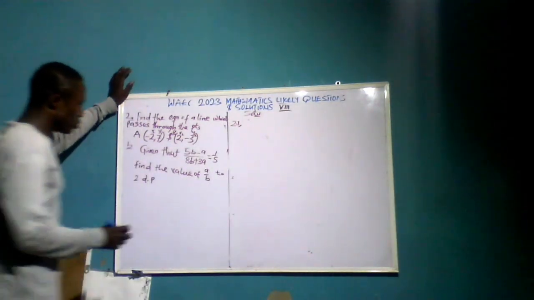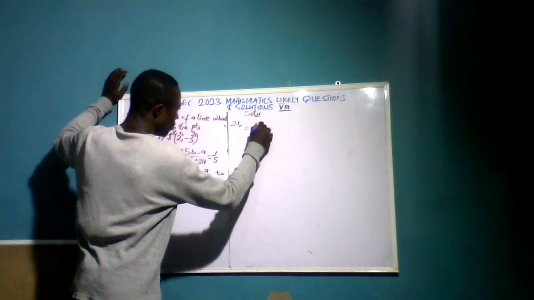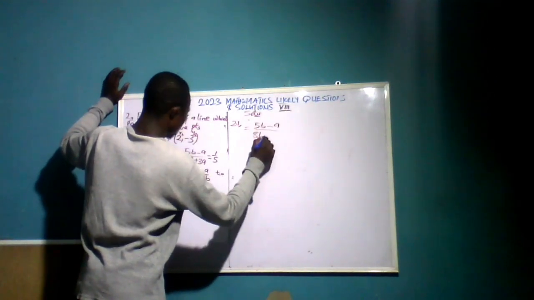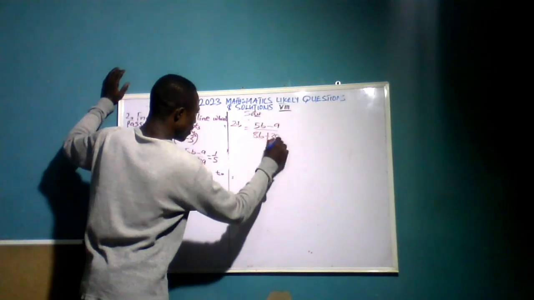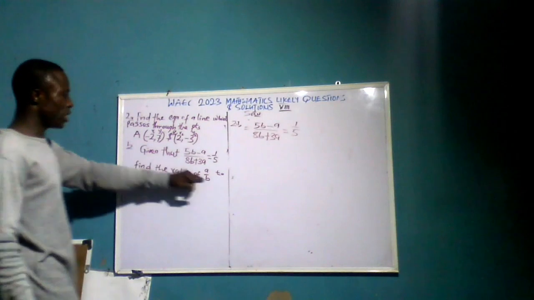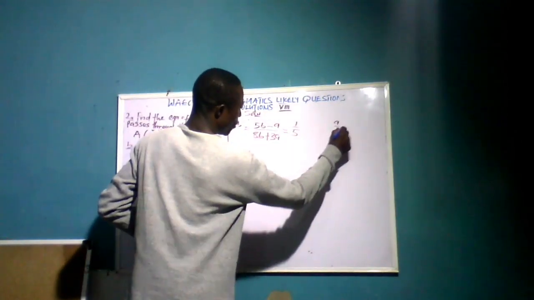We just do the cross multiplication, but let's write the major thing down. So we have 5b minus a all over 8b plus 3a is equal to 1 all over 5. Don't forget you have to find the value of a all over b.